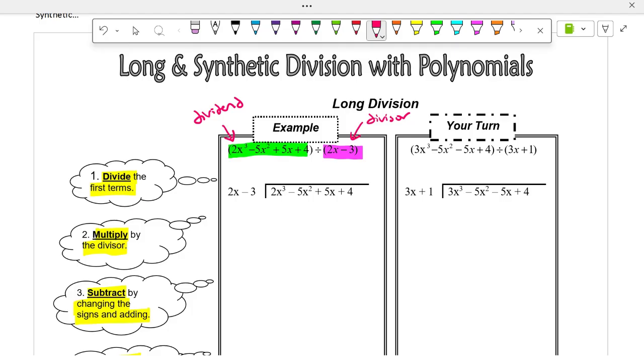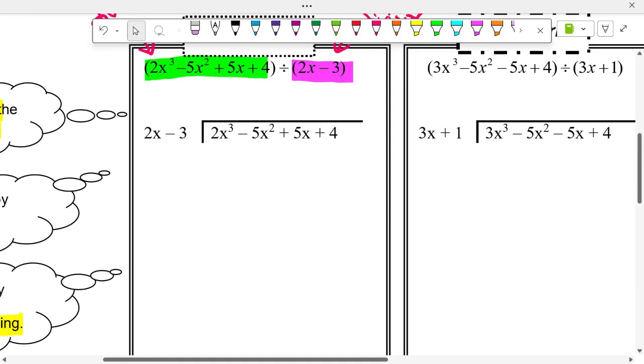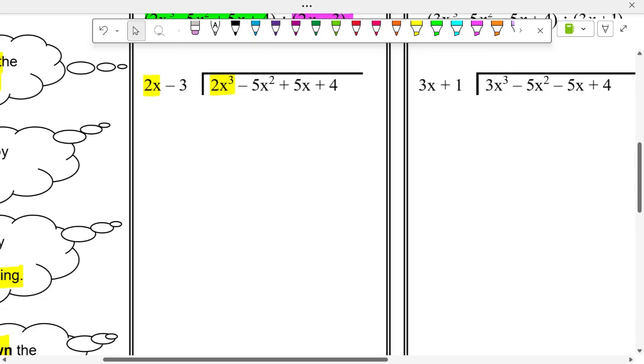All right. Now let's actually get into the problem. So notice how it's set up just like a numerical long division. So how we start is we take the first term of the divisor and divide it into the first term of our dividend.